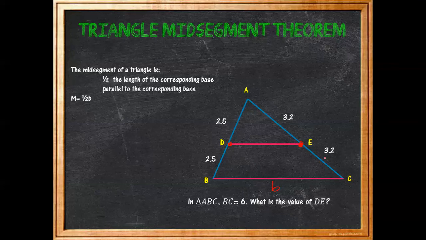This is 3.2 and this is 3.2. So we know that this line is the mid-segment because it's dividing both sides in half. Since we know that, and they give us BC, the base, all we have to do is say M equals 6 divided by 2. So M would equal 3.